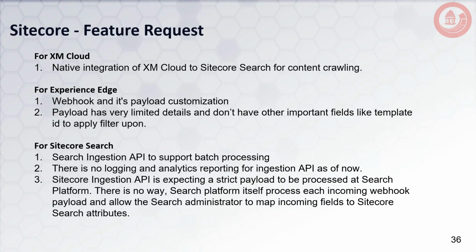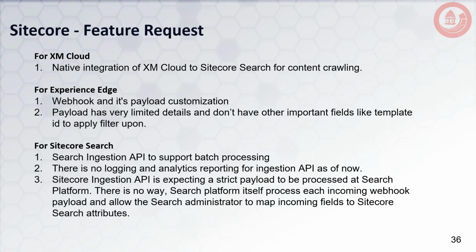I'm not sure whether we all have experience with Coveo, but while I was working previously with Coveo, we were able to map incoming fields into Coveo fields, where we didn't need to transform the incoming request to push the content into Coveo.